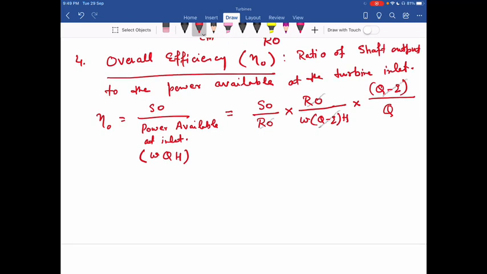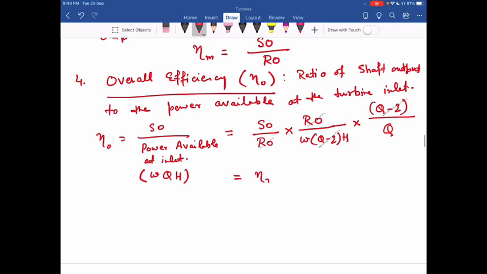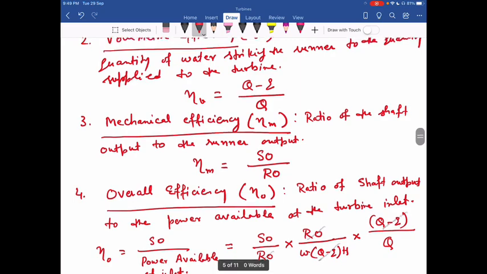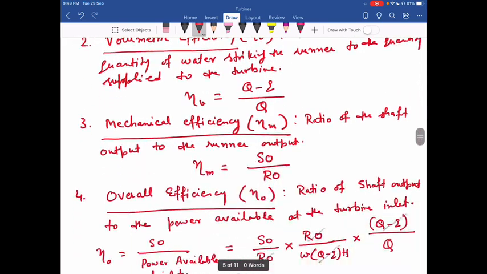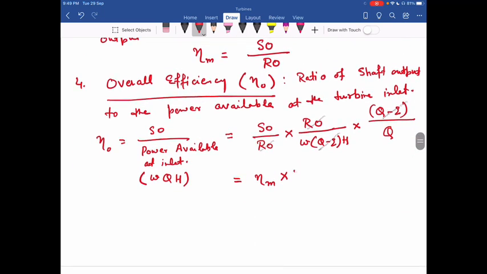Now shaft output to runner output is the mechanical efficiency, runner output to W (Q minus q) H is the hydraulic efficiency, and the last term (Q minus q) by Q is the volumetric efficiency.